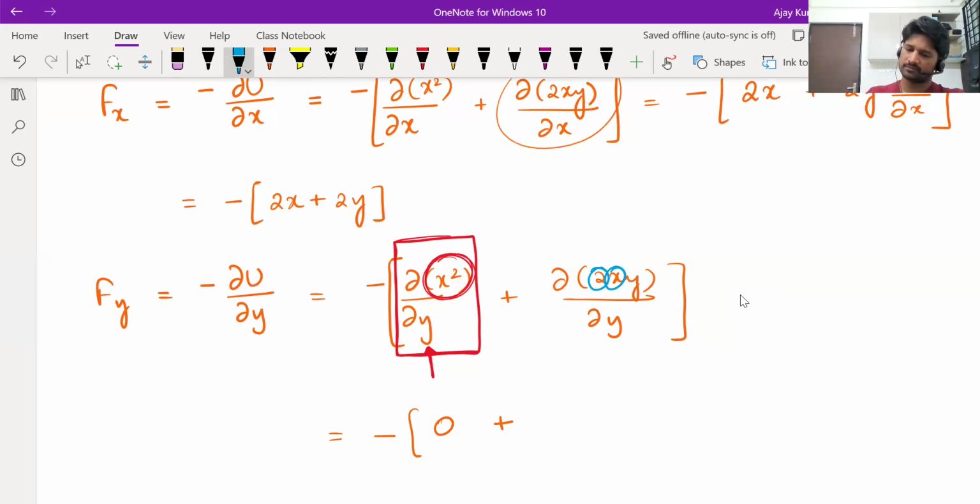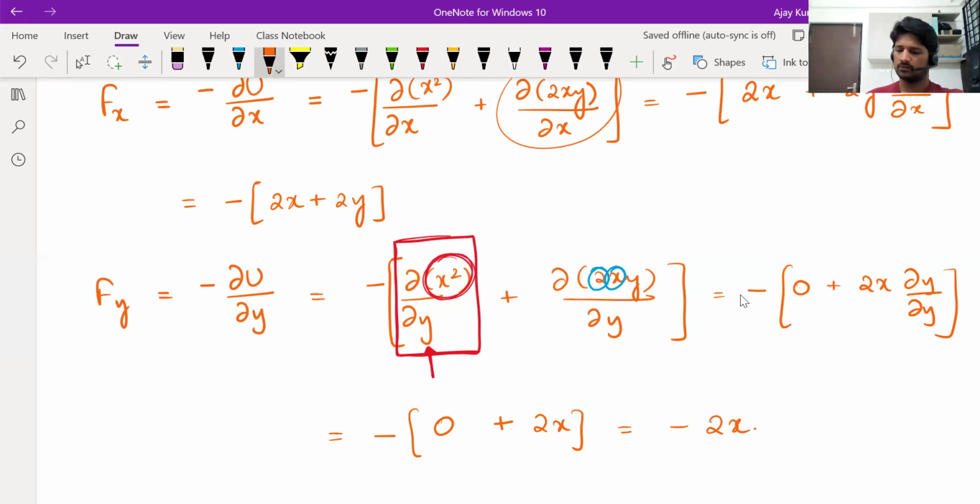So this becomes negative of, first term is 0. Second term, 2x stays outside the derivative. What's inside the derivative is dou y by dou y. And dou y by dou y is 1. Derivative of y with respect to y. So minus of 0 plus 2x, the answer is minus 2x. That's the y component of the force.